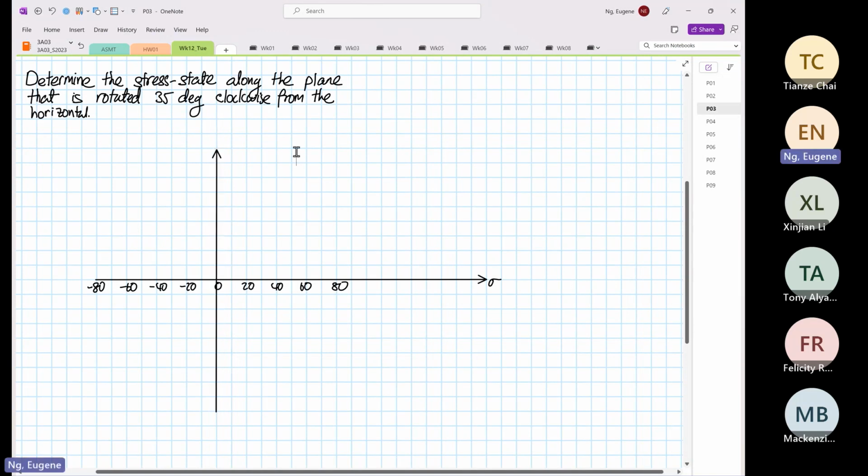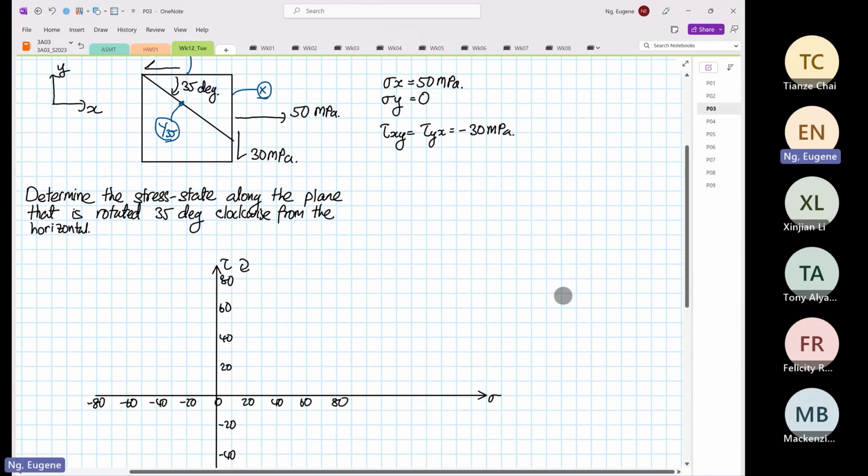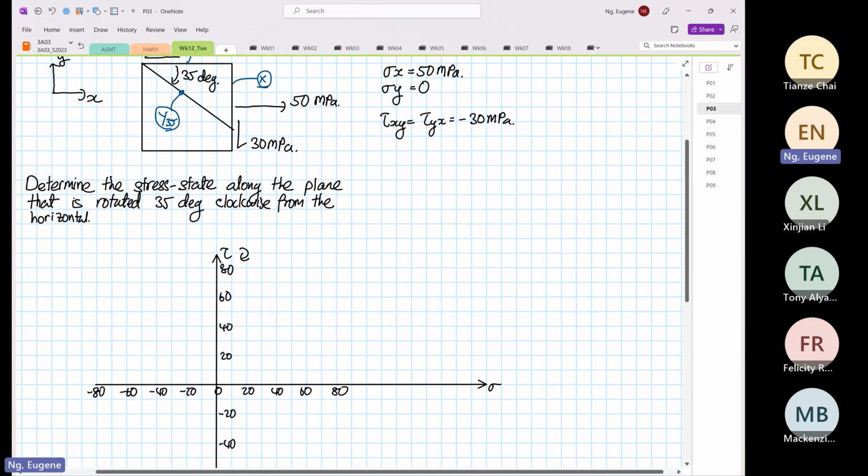Okay, so this is our shear: 20, 40, 60, 80, minus 20, minus 40, minus 60, minus 80. Element rotate clockwise at the top, anti-clockwise at the bottom. Okay, right. So we have zero stress.